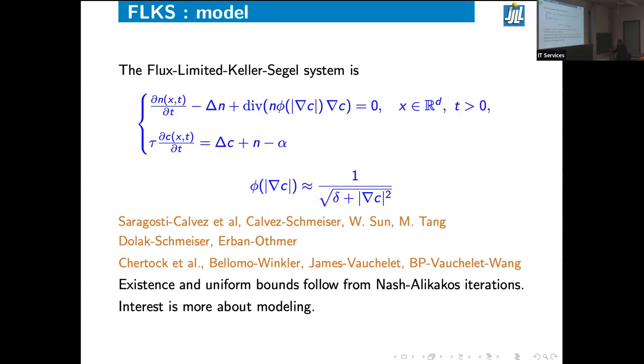So there have been many people working on that. This is a list of people who have been working on these kinds of things. Because of the flux limitation, the drift is bounded, which means that existence is not really a problem. You easily have uniform bounds on the solutions.